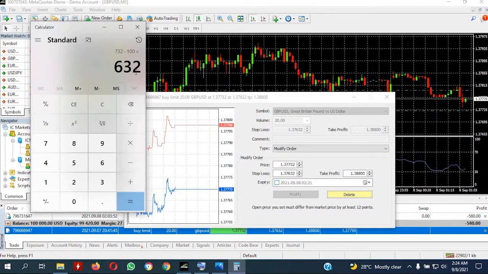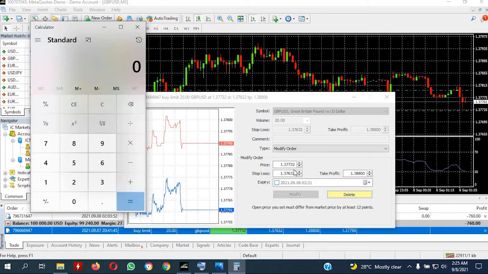So for the stop loss, it is already plugged in: 1.37632. This is the stop loss, right? And for the take profit, I'm going to add 300 to the 732, and you will have 37,832.